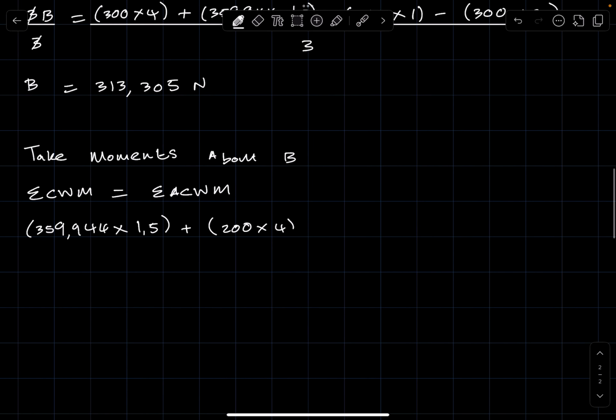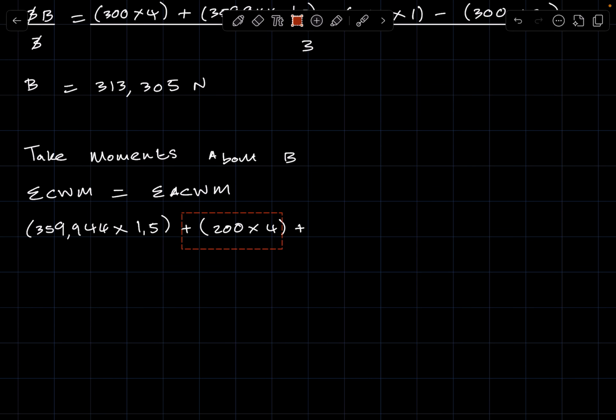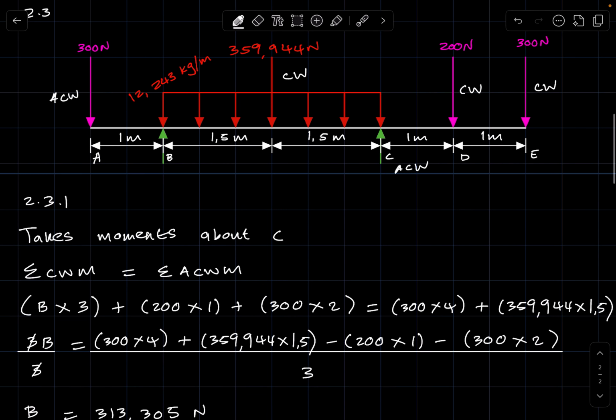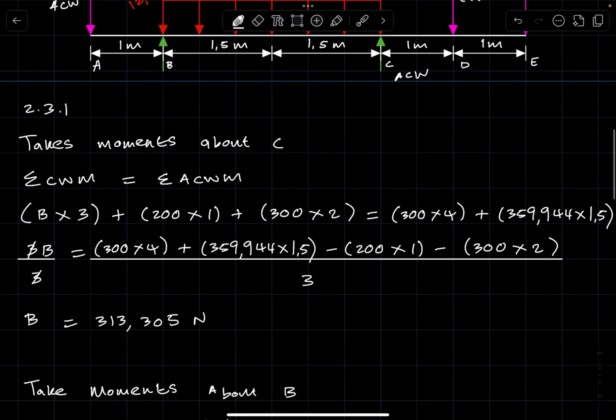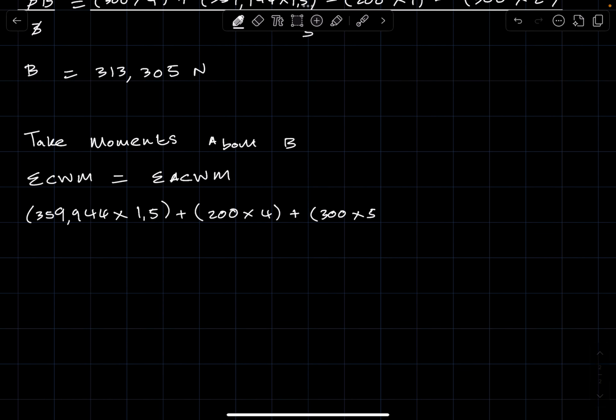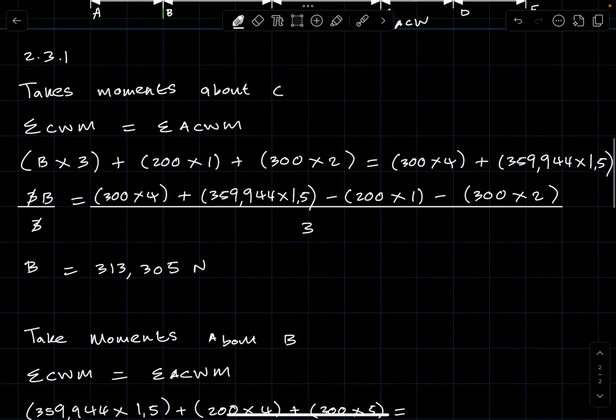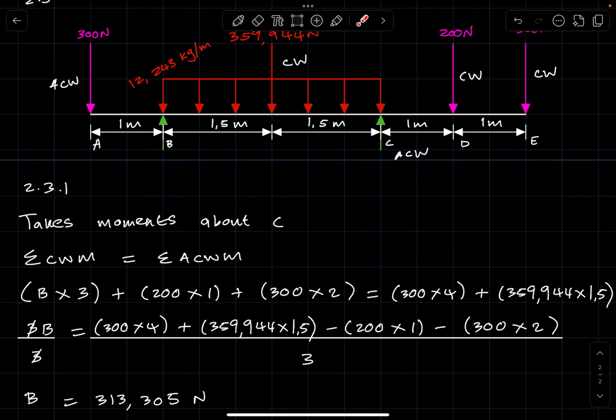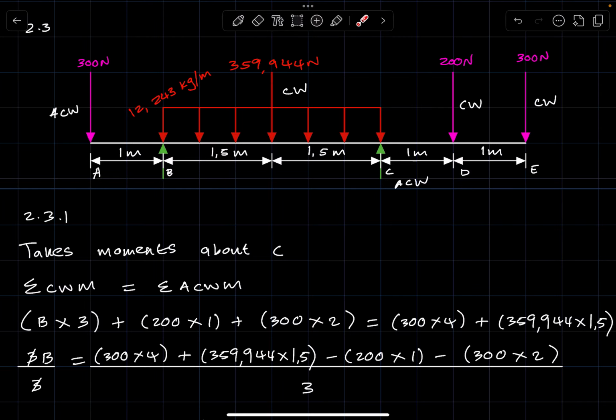So times 4 plus the 300 times the distance between this 300 and point B. So that's 3 plus 2, which is 5. So times 5 is equal to anti-clockwise, or the forces that have an anti-clockwise turning effect.